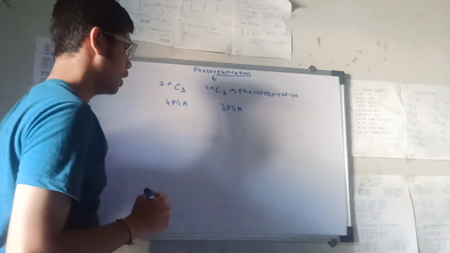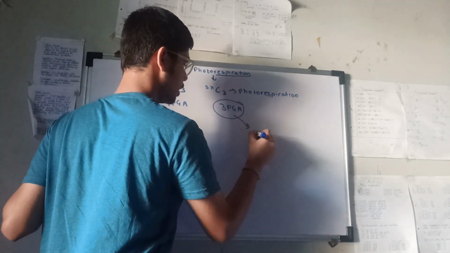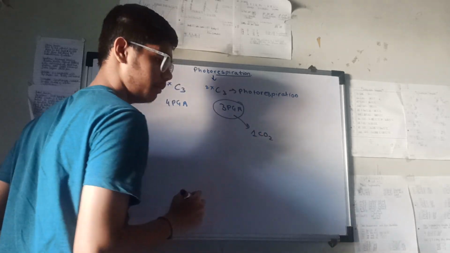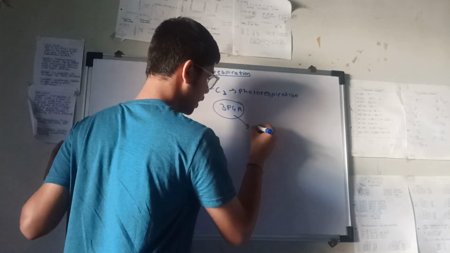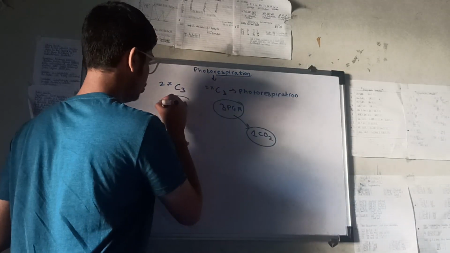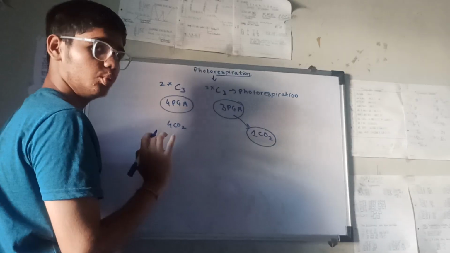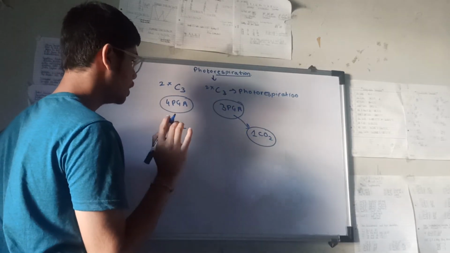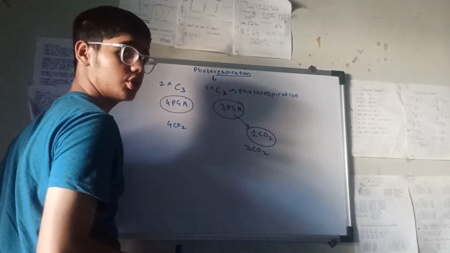So what will happen now? 1 is lost. So 1 carbon dioxide was released in the mitochondria. Out of 4 carbon dioxide, 4 are fixed here, and here maybe only 3 are fixed because 1 is lost.